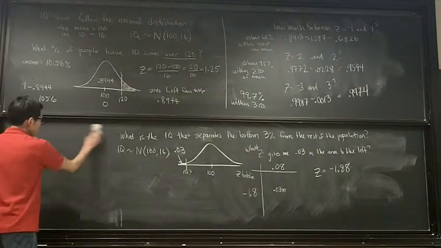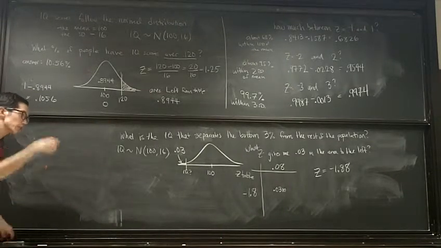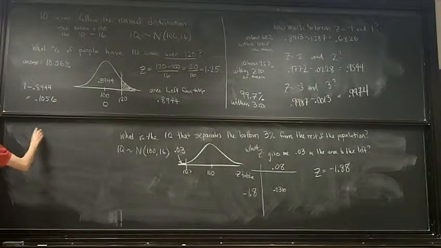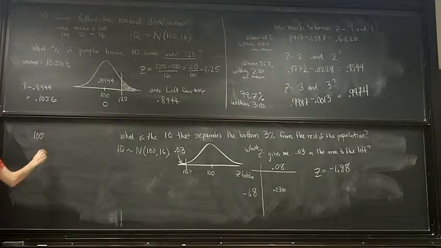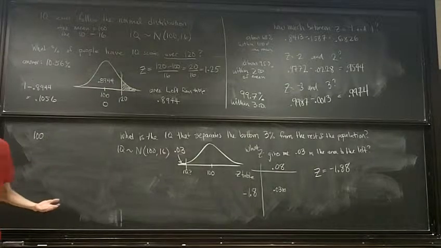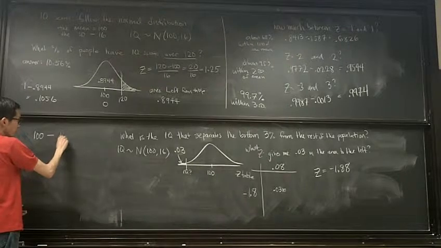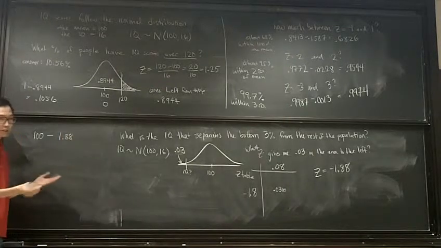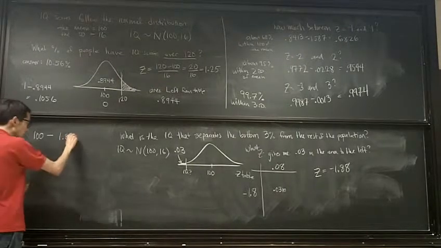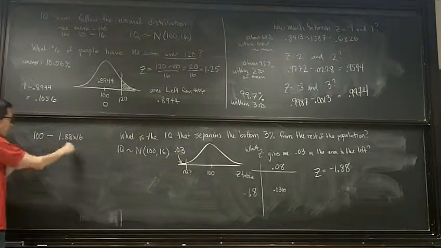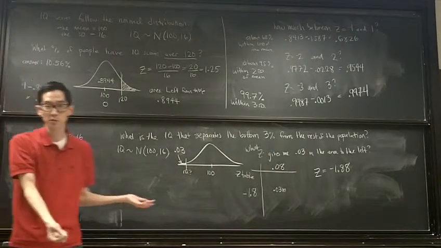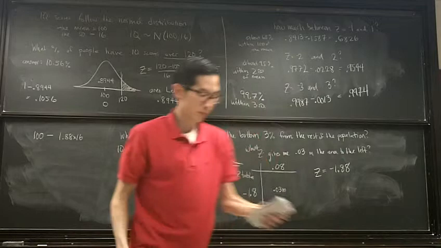So there's a few ways we can go about this. One is we just understand: if my mean is 100, and I'm 1.88 standard deviations below it, I'm going to subtract 1.88 times the size of each standard deviation. How big is each standard deviation? 16. So I'm going to multiply this by 16, and this is how many points I'm going to subtract from 100.